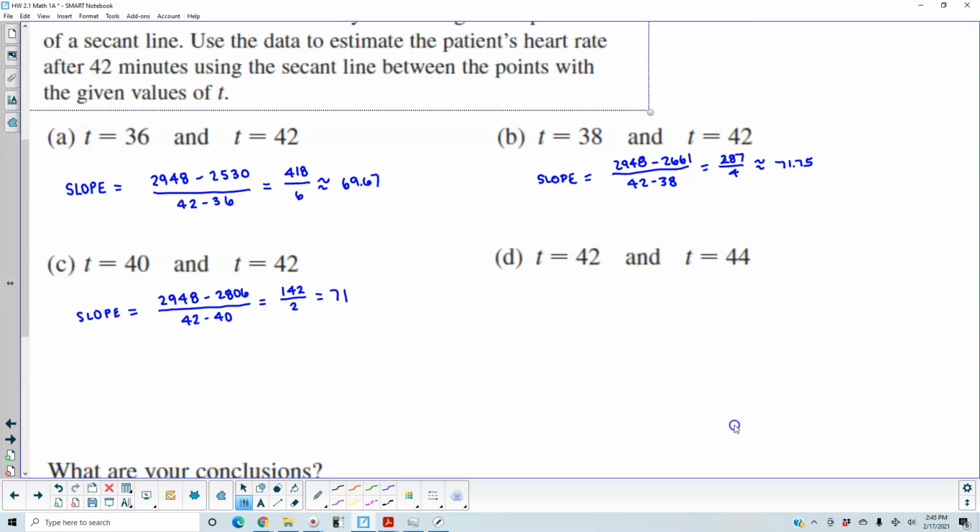So in order to find the slope here, it's going to equal 3,080, subtract 2,948, and then we're going to take 44 and subtract 42, and we get 132 over 2, which is equal to 66.